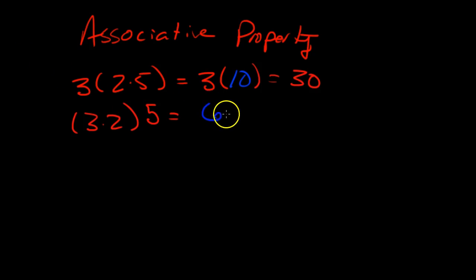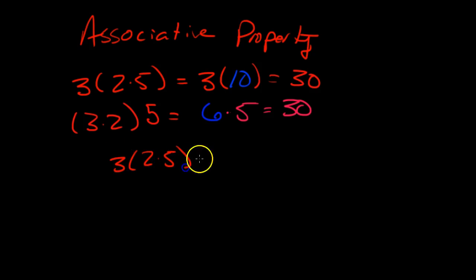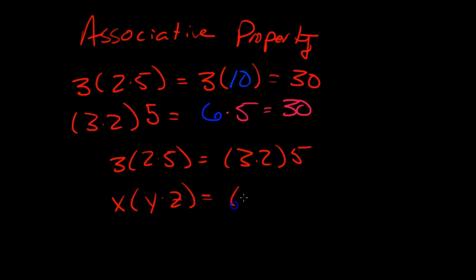So 6 times 5 gives me 30. So I get the same answer in the end. So in other words, 3 times (2 times 5) is the same thing as (3 times 2) times 5. In math language, we would say x times (y times z) is equal to (x times y) times z. So the terms actually didn't change their order at all.